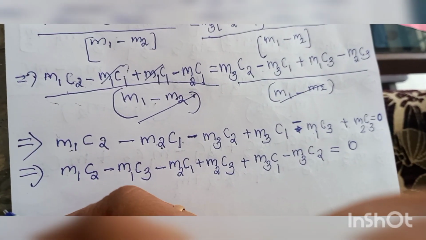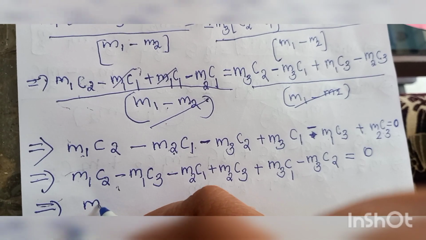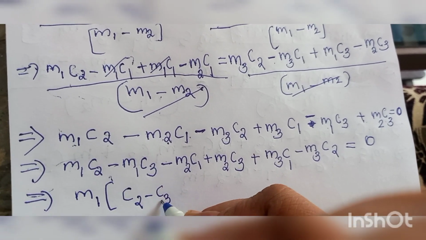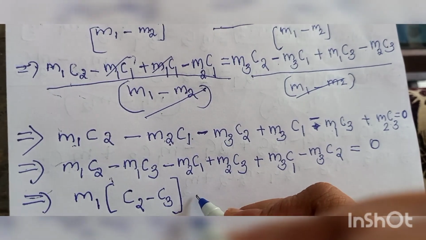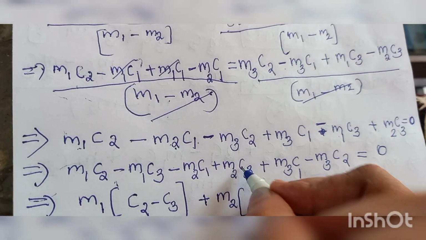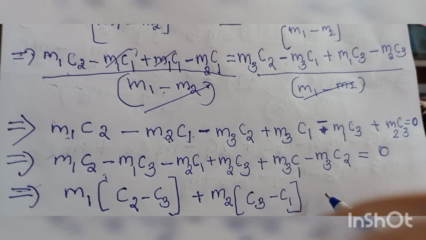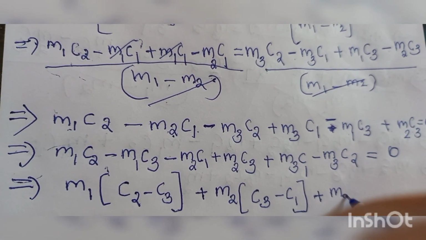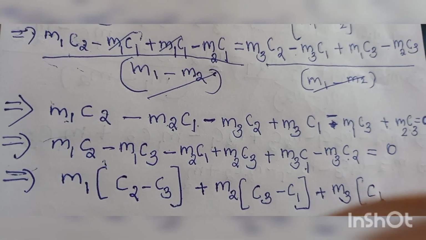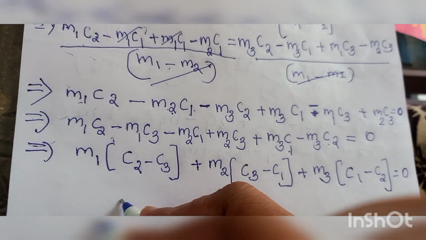Next step, which implies what is the common factor here? m1 is common, so m1 into (c2 minus c3), plus m2 into (c3 minus c1), then plus m3 into (c1 minus c2) is equal to 0. Hence the proof.